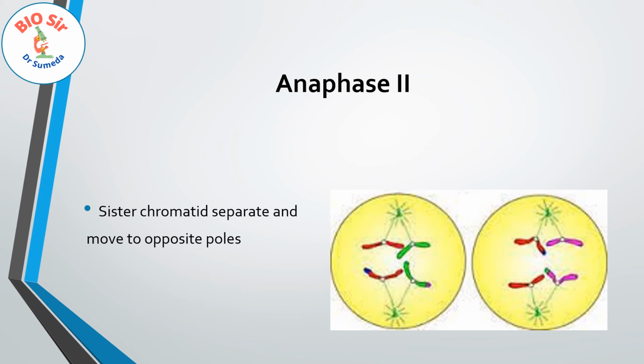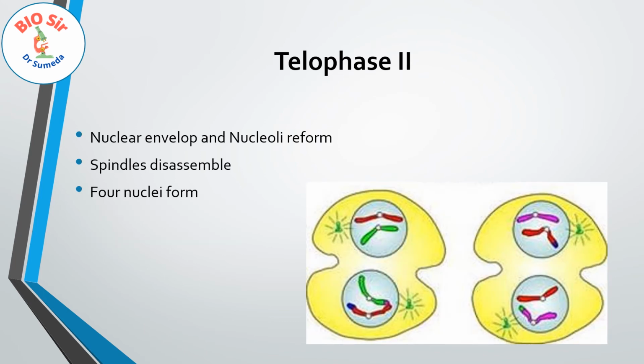Anaphase 2: at this stage sister chromatids will separate, and these chromatids will move to opposite poles. In telophase, the nuclear envelope reforms, and the spindle is disassembled. At this stage, we will have 4 nuclei.